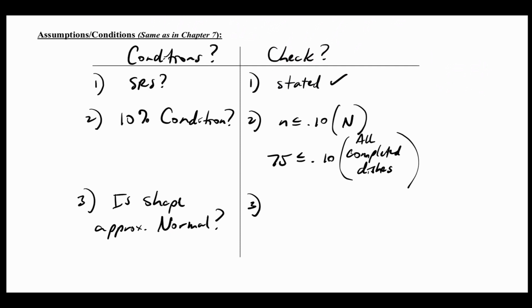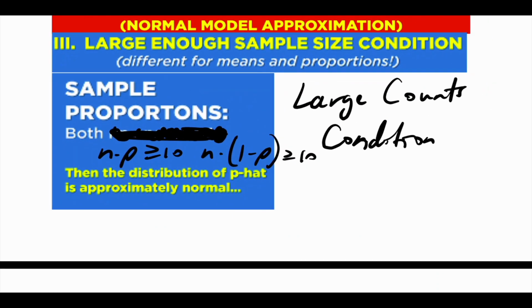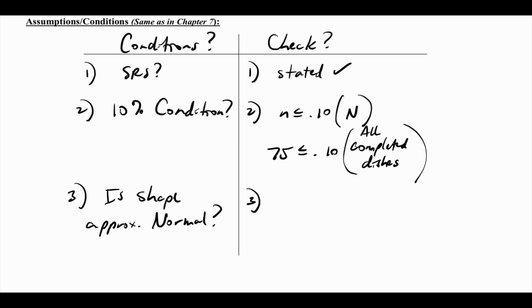So we're going to use this guy right here. N times p greater than or equal to 10. N times 1 minus p greater than or equal to 10. We don't use the central limit theorem for proportions. That's only for means.